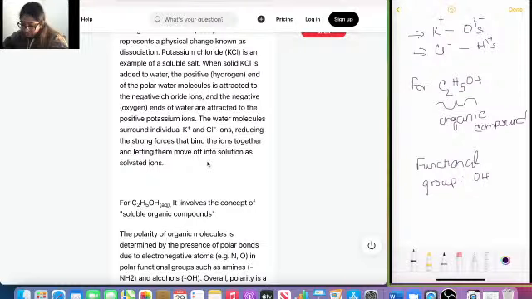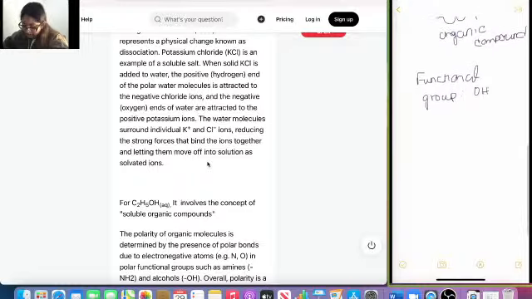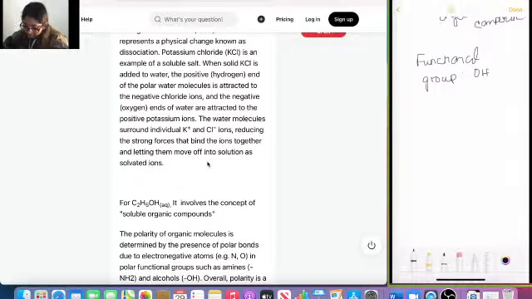And so the overall polarity balances the non-polar parts and the polar parts. And so what happens is when you have a large non-polar organic hydrocarbon, this will tend to make it less soluble, right? Because we can say compounds that are soluble or that dissociate in water, right?